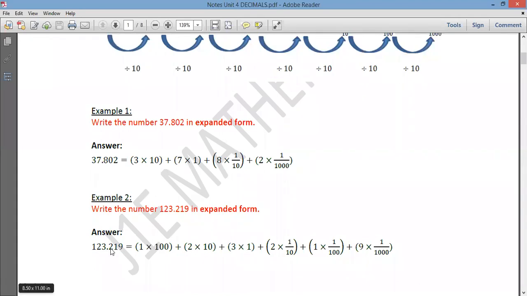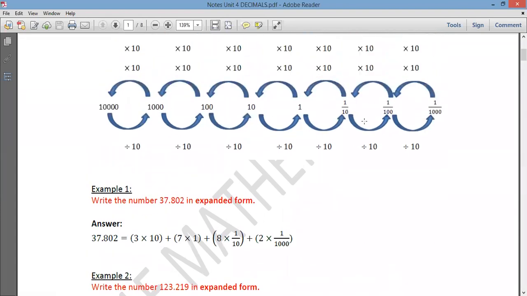And the first number after the decimal point, you multiply with 1 over 10. Second number after the decimal point, you multiply it with 1 over 100. And third number after the decimal point, you multiply it with 1 over 1,000. So it's all shown in this figure above.